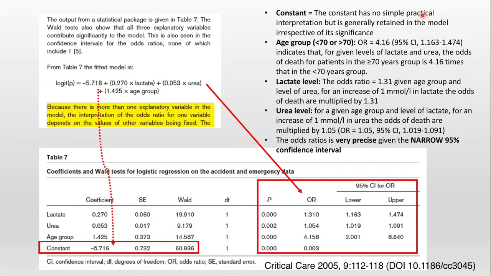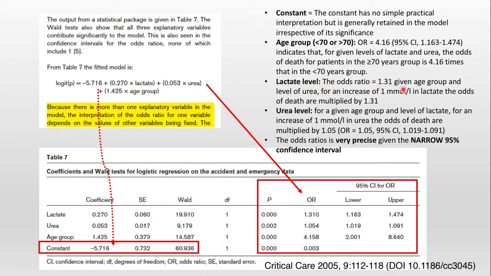Here they have the constant, like we had with our multiple regression. They included age group, lactate, and urea levels. What they found was that for age group, if they were older than 70, I believe they coded it that way, their odds of death were 4.16 times greater compared to those whose age was less than 70.